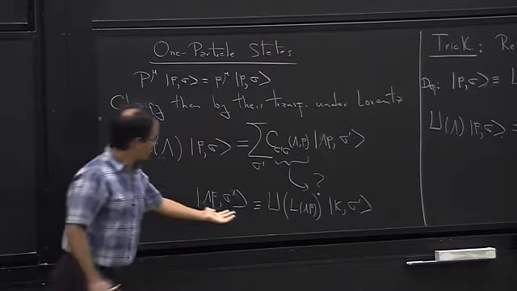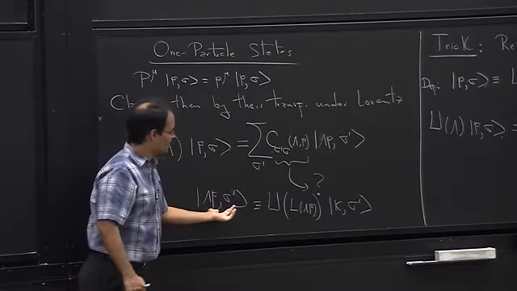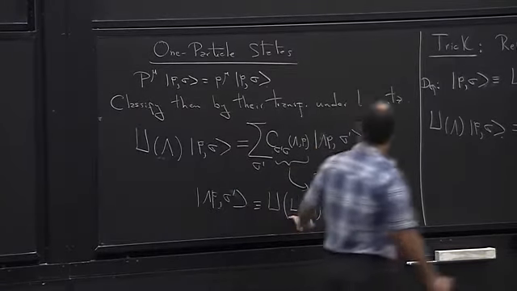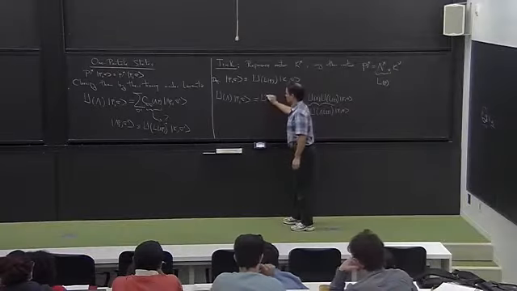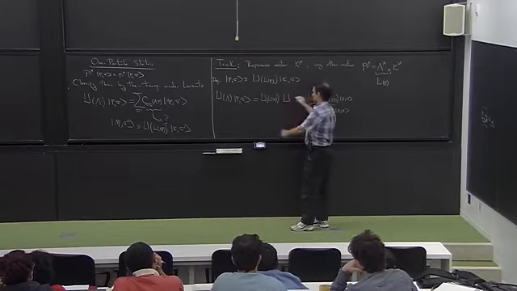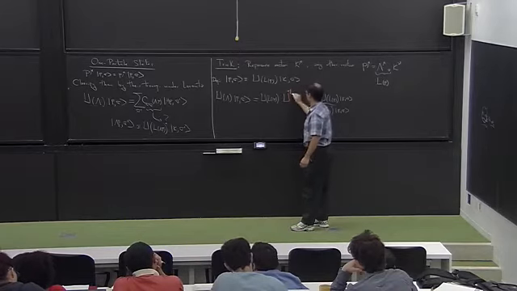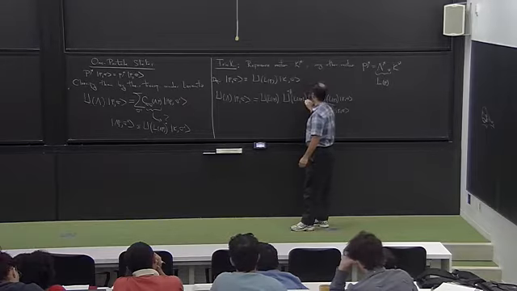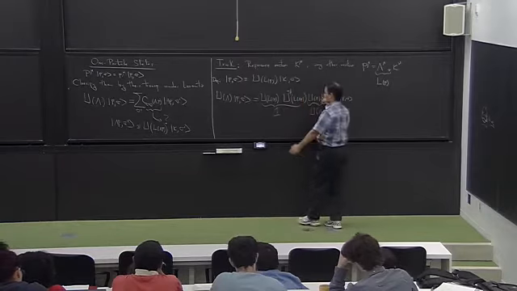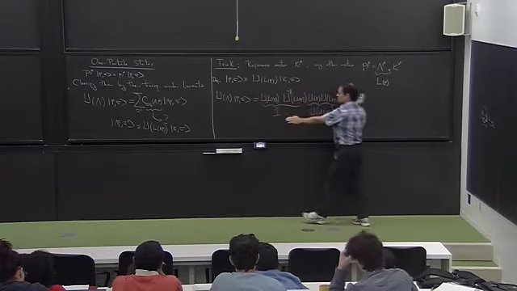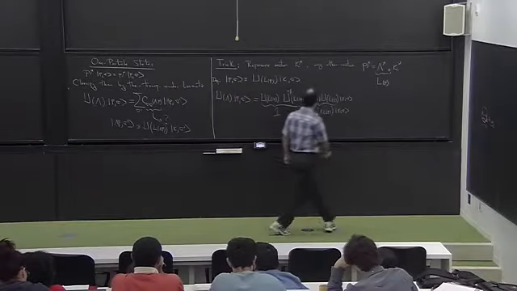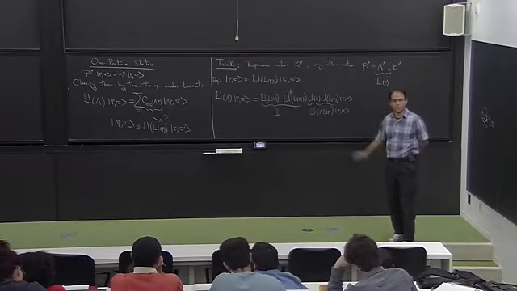Okay? That's how I'm defining this. So I want to get something like this from that state. Well, if I want to get something like this, I better apply this transformation here. But I cannot just put it there. So I have to put the inverse as well. Here, okay? So I'm just inserting the identity, but I'm telling you why I'm doing it, because I want to have this acting on something that will bring back these states. Okay? Any questions about this step?